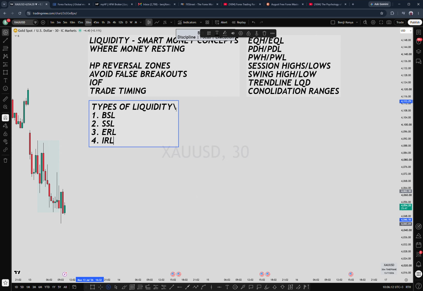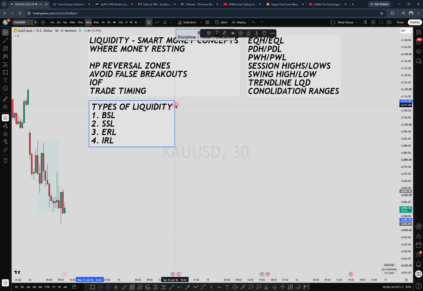Very important. So: buy side, sell side, external, internal. Let's talk about this in 10 minutes so that we can understand all of it. These are just types of liquidities, and I'll give you some explanation on each.